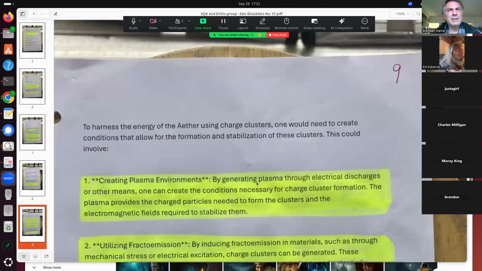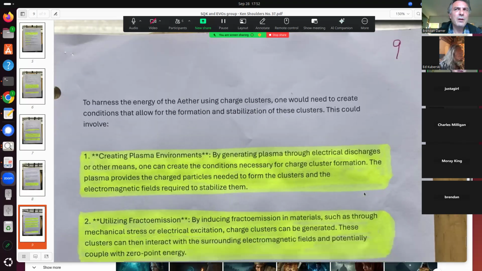By generating plasma through electrical discharges or other means, one can create the conditions necessary for charge cluster formation. The plasma provides the charged particles needed to form the clusters and the electromagnetic fields required to stabilize them.